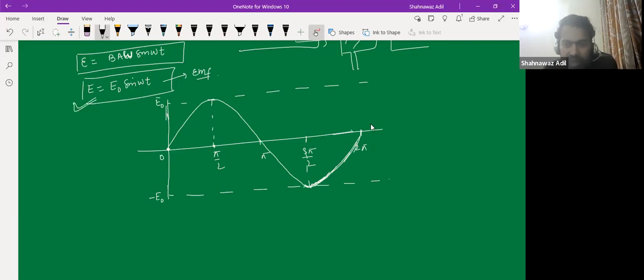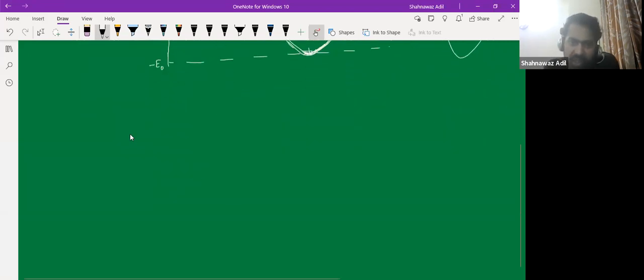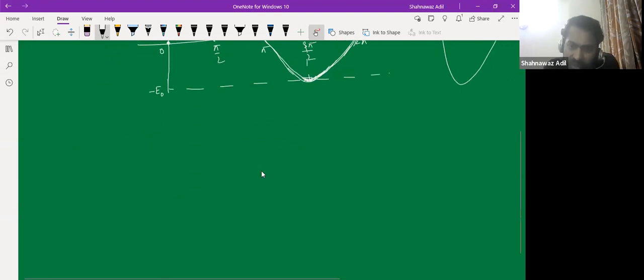So this function is sinusoidal, right? And this will repeat again. So this will be the same in the next cycle also. This is the behavior, and then we calculate three things from here, right? So this E is E naught sine omega t.